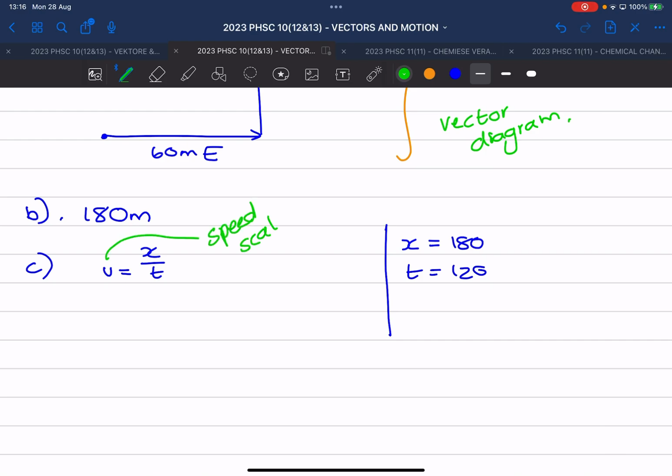Speed is a scalar that is linked to the distance. Okay, so we have 180, 120, that's 120. And what do you get, Sepo?